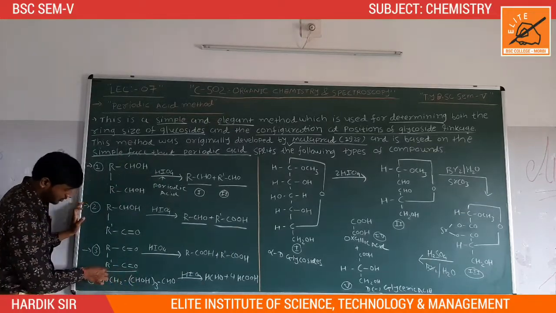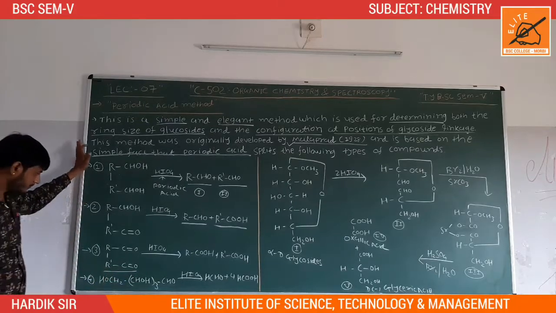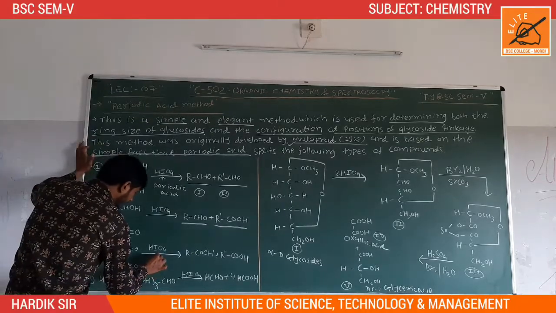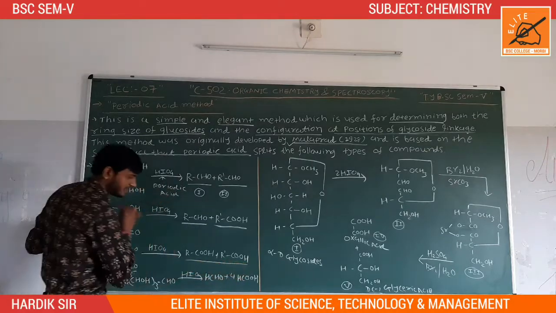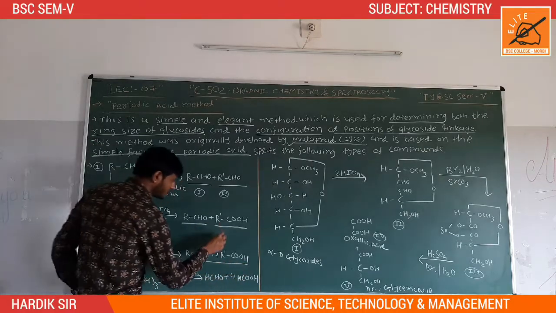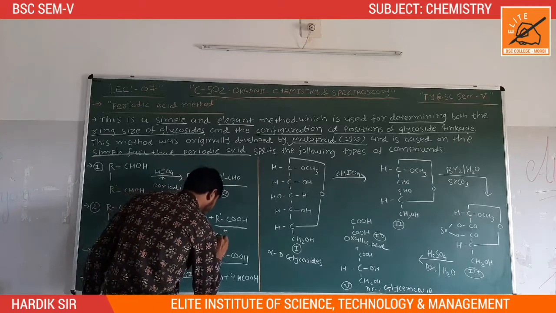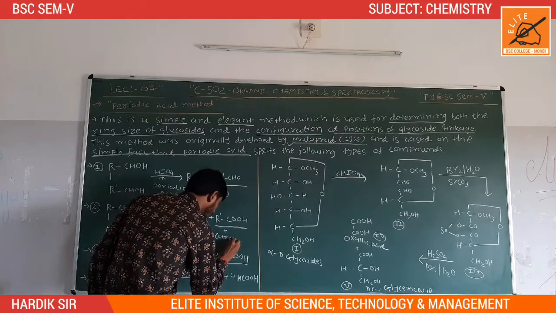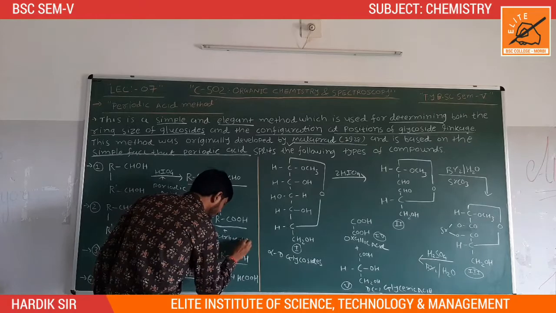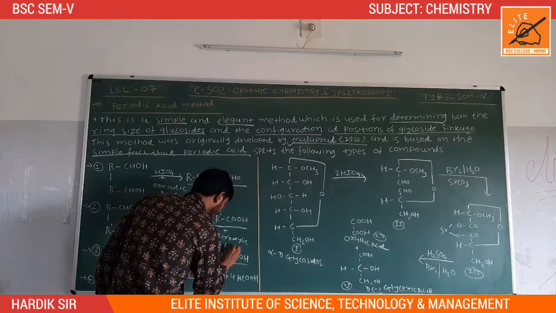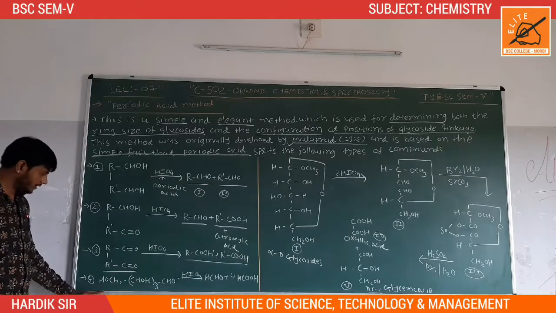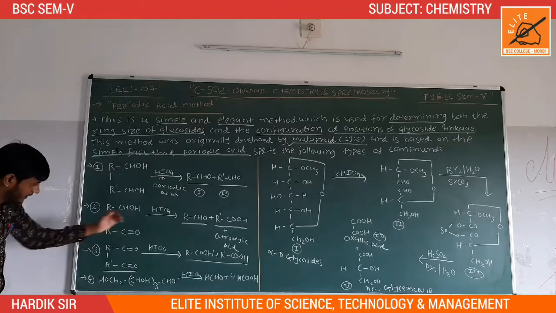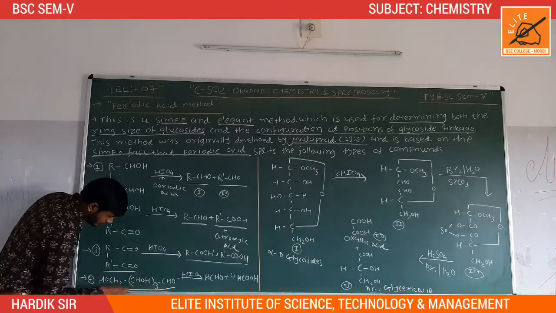Next one: two carbonyl groups attached to each other, reacted with periodic acid, form two carboxylic acids. This is the carboxylic acid. And finally, a tertiary alcohol and aldehyde group.